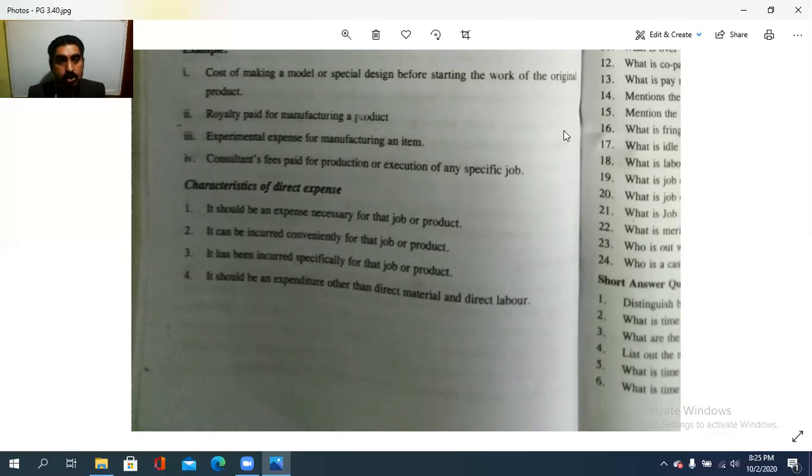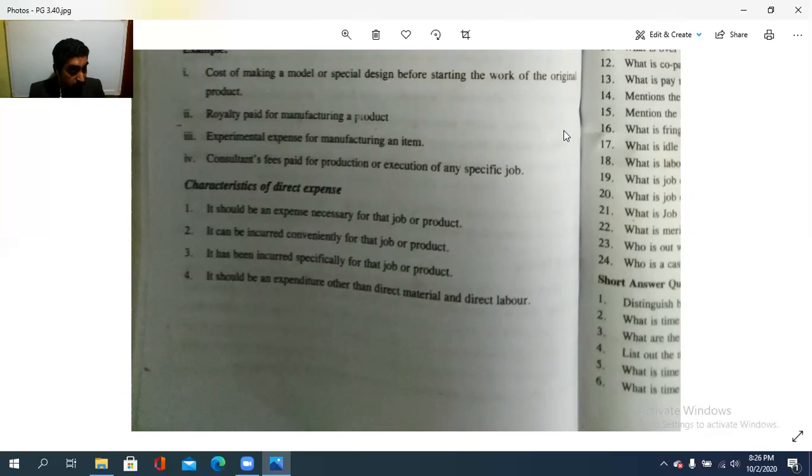So with that, we are going to conclude this module, labor cost control. From the entire module, now you are gaining knowledge regarding what is the labor cost, what is direct labor, what is indirect labor, and what are the methods of controlling the labor cost, like time rate system, piece rate system, then incentive scheme or premium bonus system, then group bonus scheme, then profit sharing scheme, and also fringe benefits, meaning non-monetary benefits.